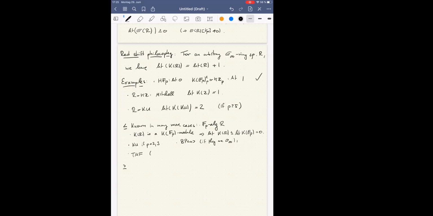This is due to Angelini-Knoll and Andrew Salch. The TMF case and Ku if p is 2 or 3 is due to Clausen, Mathew, now Manuel. And they also produce something for more E theories, and there's also work by Angelini-Knoll and Quigley, where they show something.